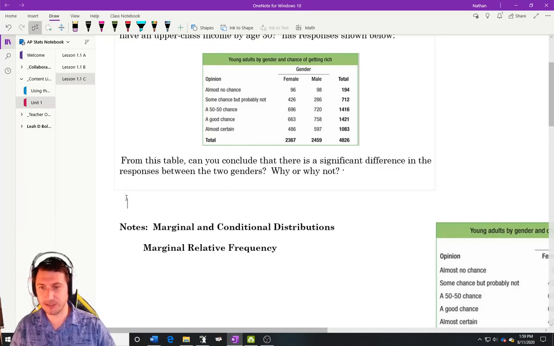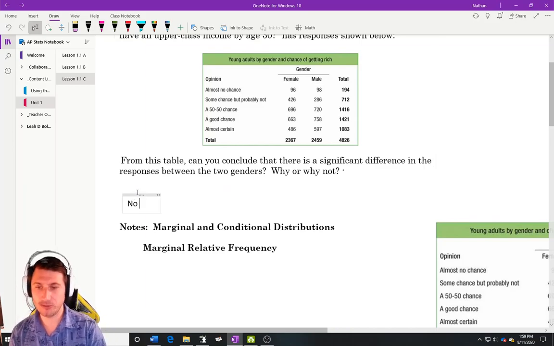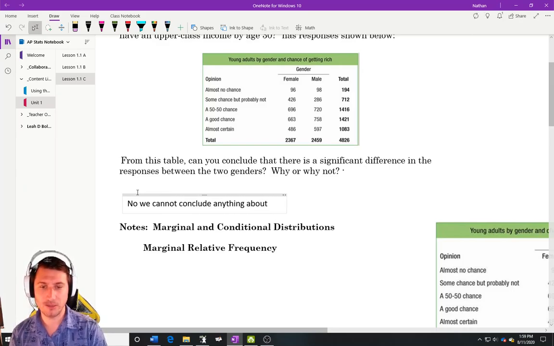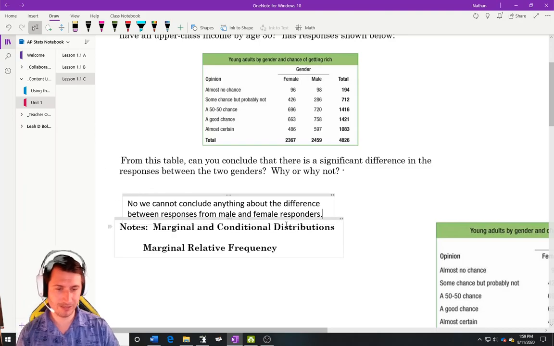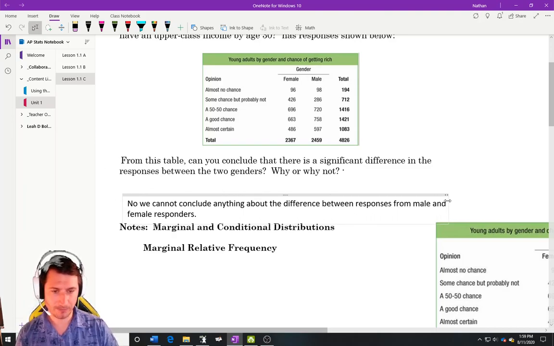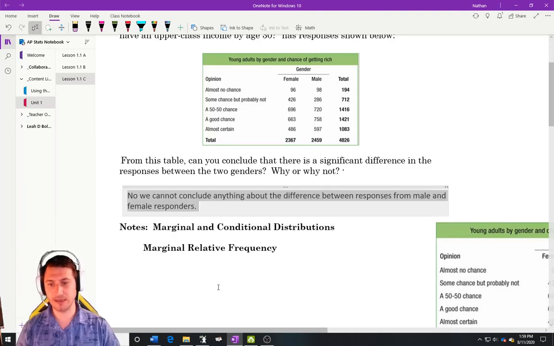So the answer here is no, we cannot conclude anything about the difference between responses from male and female responders. All right, we don't know anything, or at least we can't conclude anything yet.